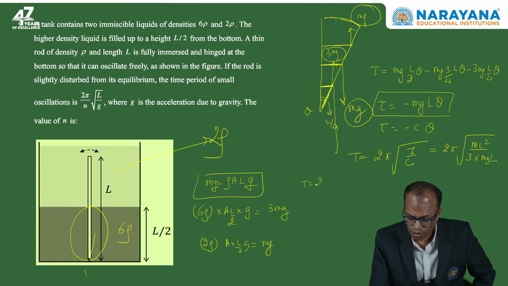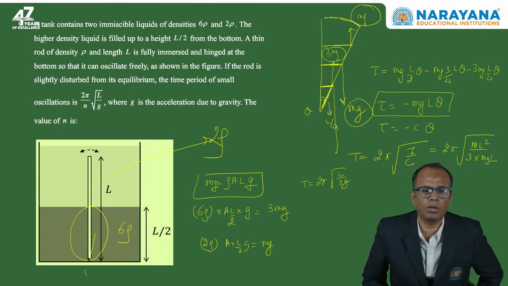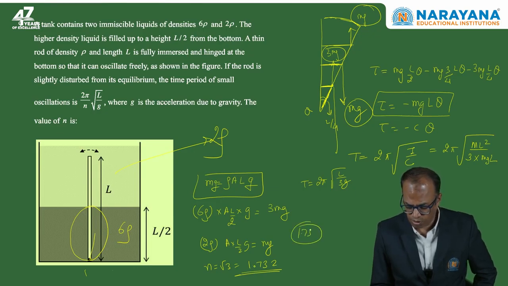So the time period is 2 pi square root L by 3g. Yes, the time period comes out to be 2 pi square root L by 3g. So n is root 3, that is 1.732. So we have to report up to 2 places after decimal. So we'll report the answer as 1.73.